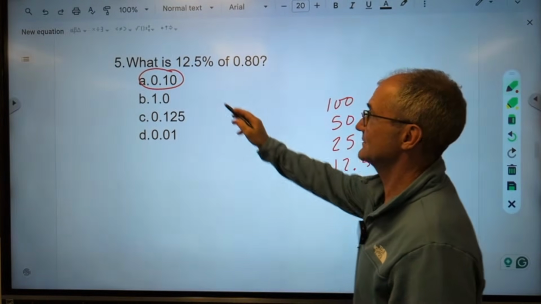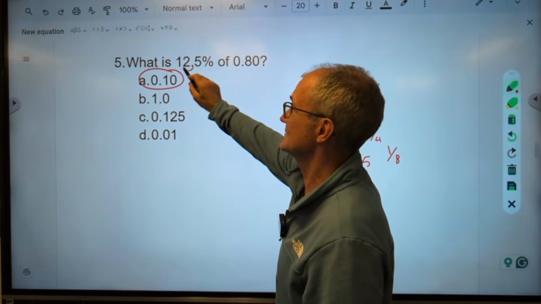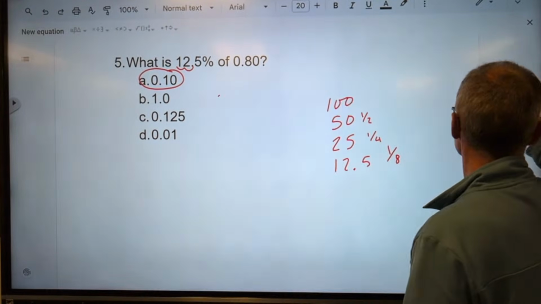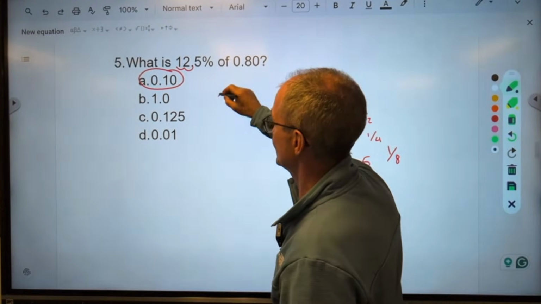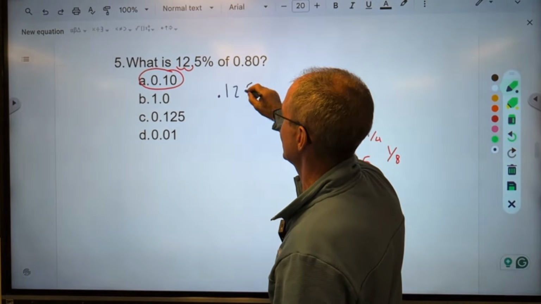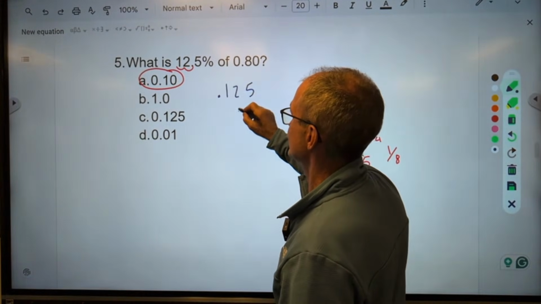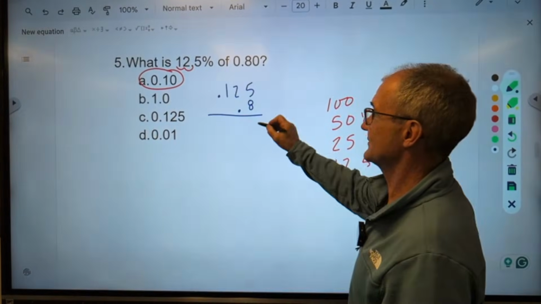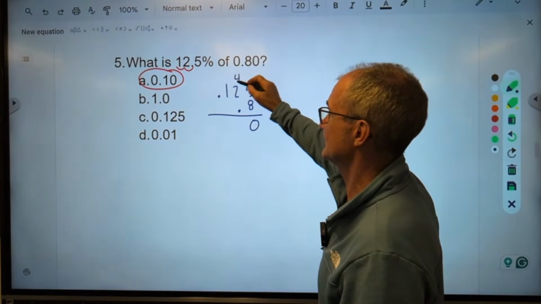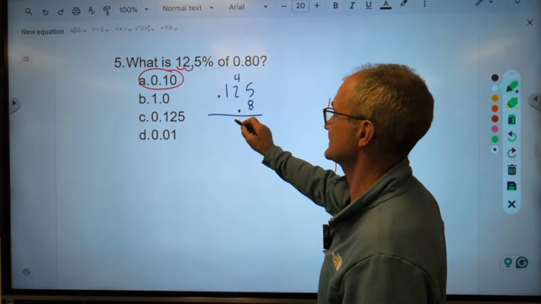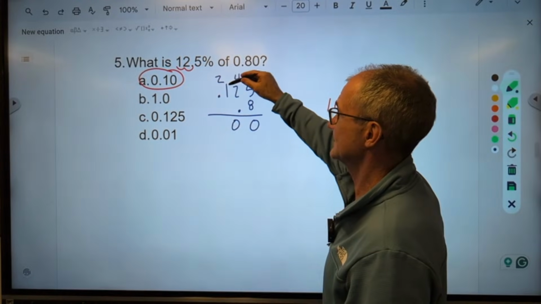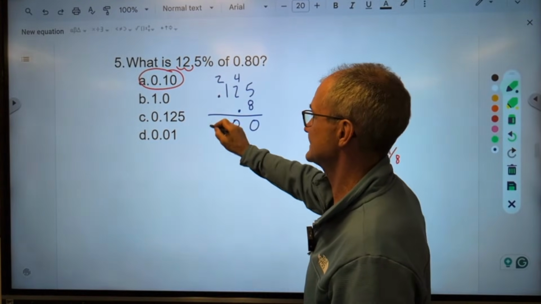The other way to do it is convert this into a decimal, 0.125. Take that 0.125 and multiply it by 0.8. 8 times 5 is 40, carry the 4. 16 plus 4 is 20, carry the 2. 8 times 1 is 8, plus 2 is 10.